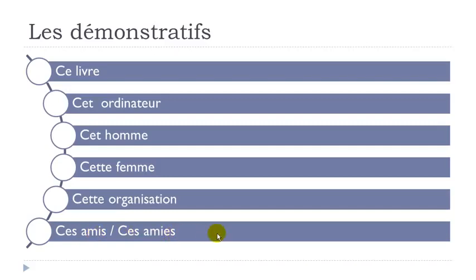And it's quite funny in a way, because if you only listen to these two, ces amis and ces amis, you don't have any phonetic information regarding whether it's masculine or feminine. That's the way it is. Sorry about that. But let's continue now with le démonstratif.